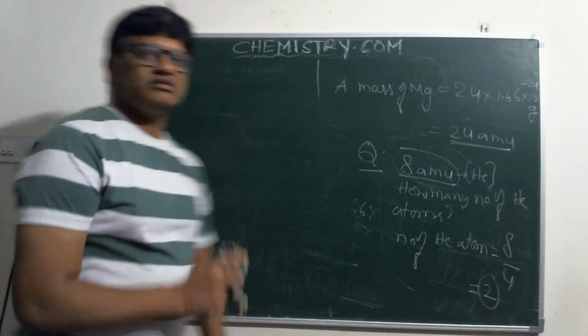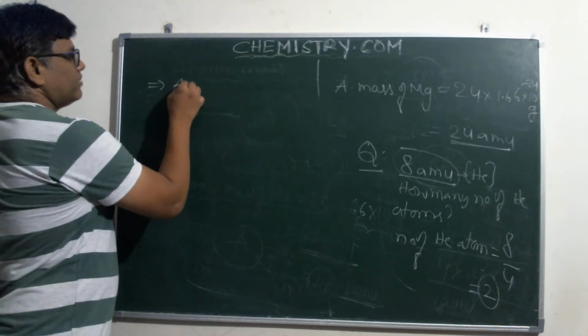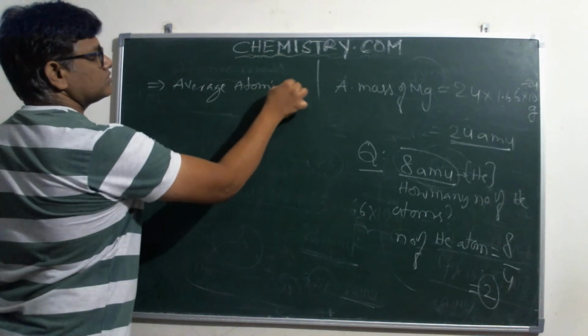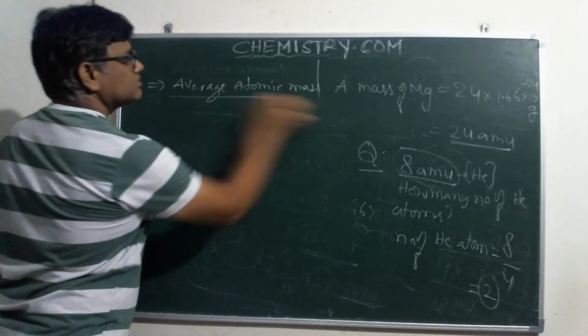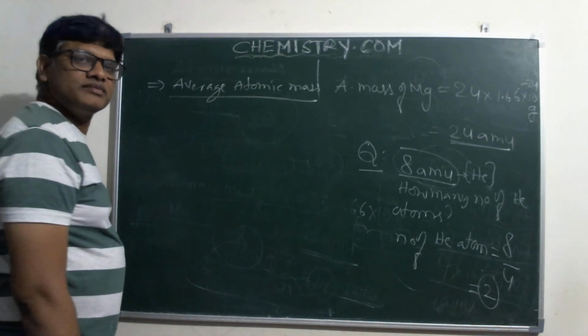So let's start that. Average atomic mass is to be calculated when the elements exist in different isotopic forms.